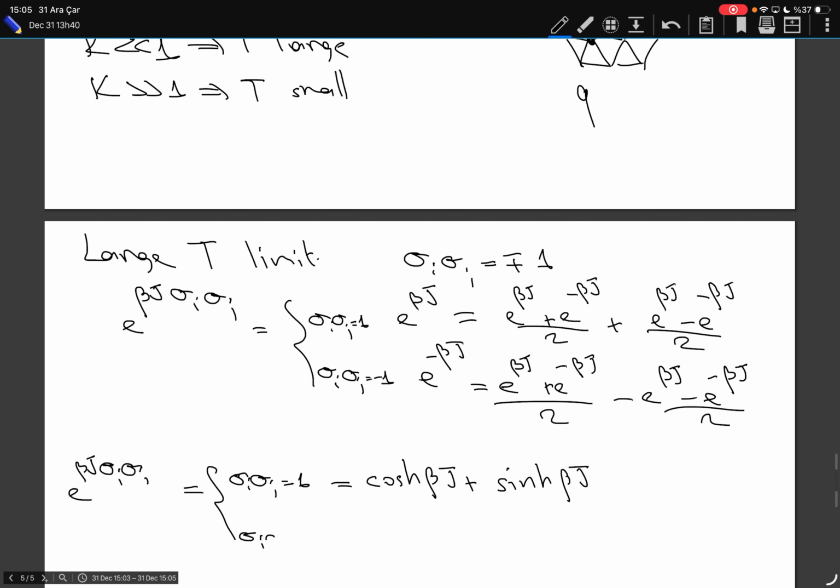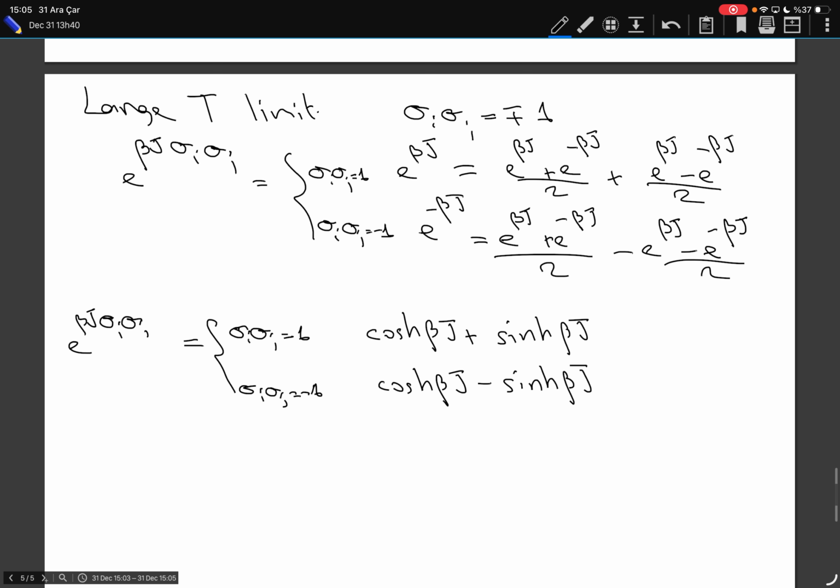If sigma i sigma j is minus 1, that exponent is given by cosh beta j minus sinh beta j. So whatever the value of sigma i sigma j is, that number is cosh beta j plus sigma i sigma j sinh beta j. So I have this expansion.